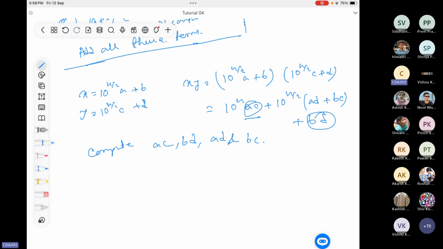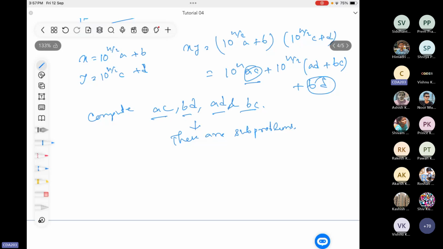For that, think about the running time of this. Think about the recurrence relation corresponding to this problem. What should be the recurrence relation? These are my subproblems, and each subproblem is of size n by 2.